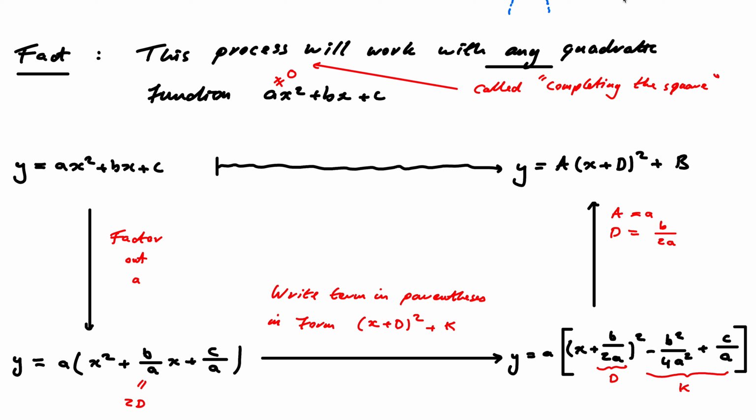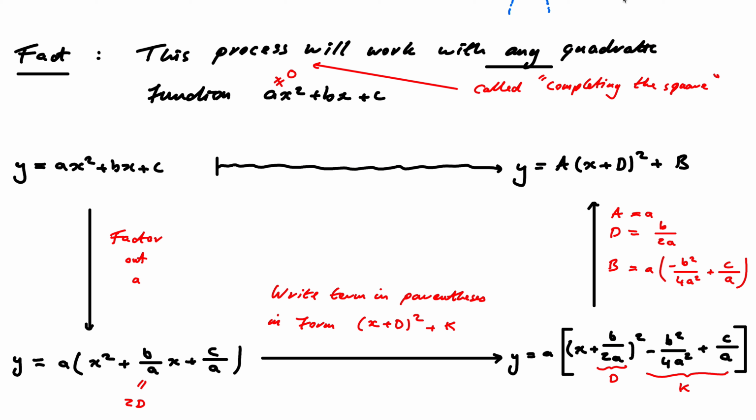It's going to be equal to the following. So the k, I would need to multiply by a, so it's a bit of a mess. When I do that, it comes out to be a multiplied by minus b squared divided by 4a squared, gross, plus c divided by a. So we're multiplying out by a there.